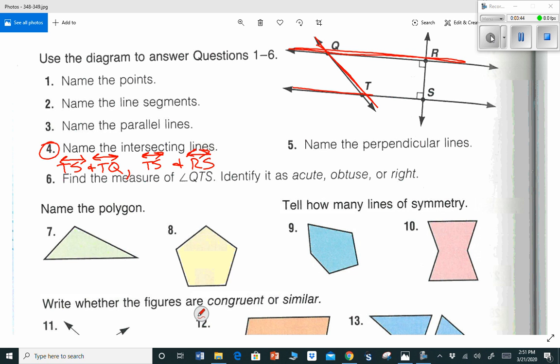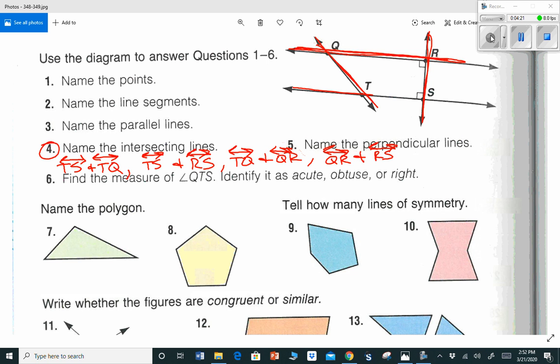So line TQ also intersects line QR. Okay, so we took care of QR with one line. Now we got to take care of QR with this other line. Line QR and line RS.